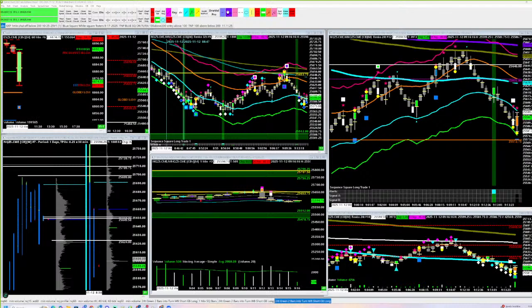So the schedule goes: 9:20 Waller, 9:45 Bassett. That's the schedule. Underneath the 100 and the 200, and you know what that means while we're waiting.